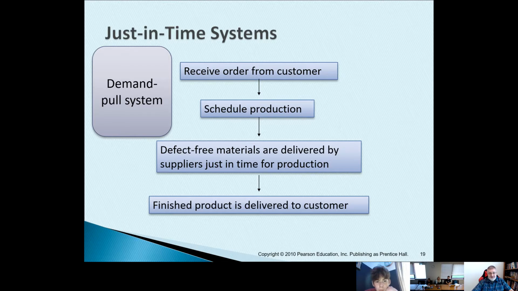Okay, this is kind of going to repeat what I just said. So we receive our order from our customer, we schedule our production. Okay, we get our defect-free material delivered by our suppliers just in time for it to go into production. And like I said, in my shop, usually just in time ended up being about 1 week before I was ready to put it into production.